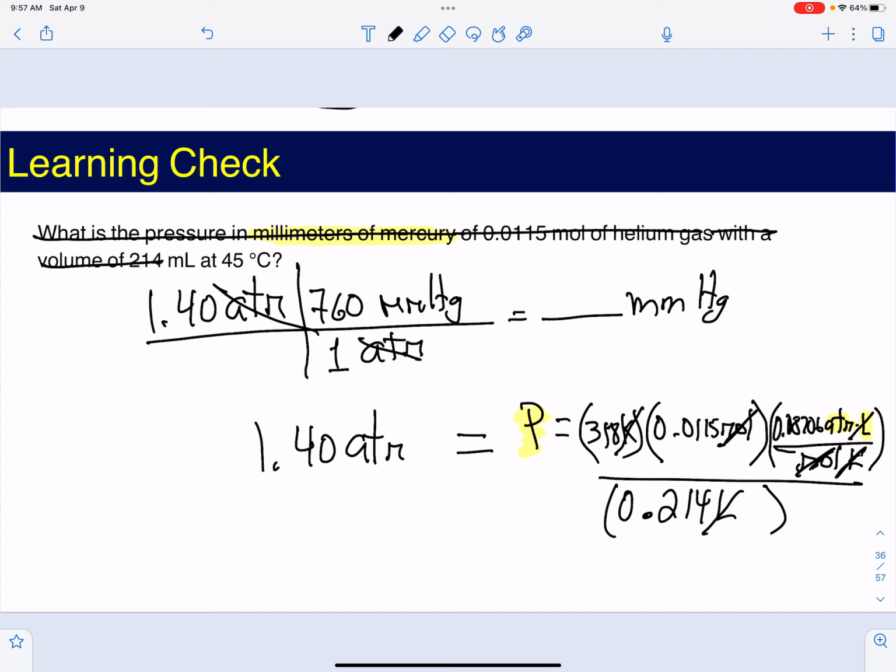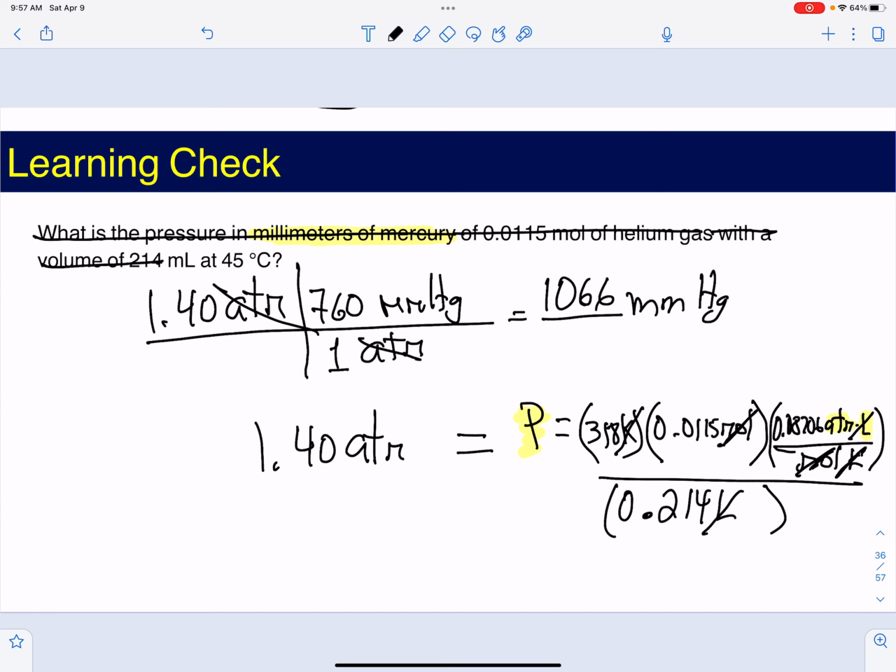So therefore, 1.40 times 760 divided by 1 equals 1,066 millimeters of mercury. So that's how we use the ideal gas law.